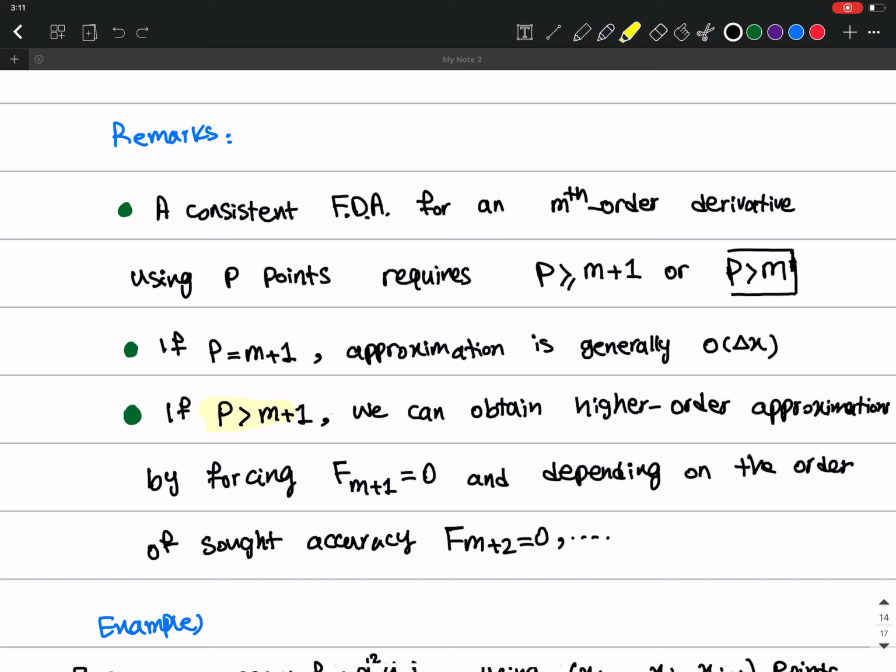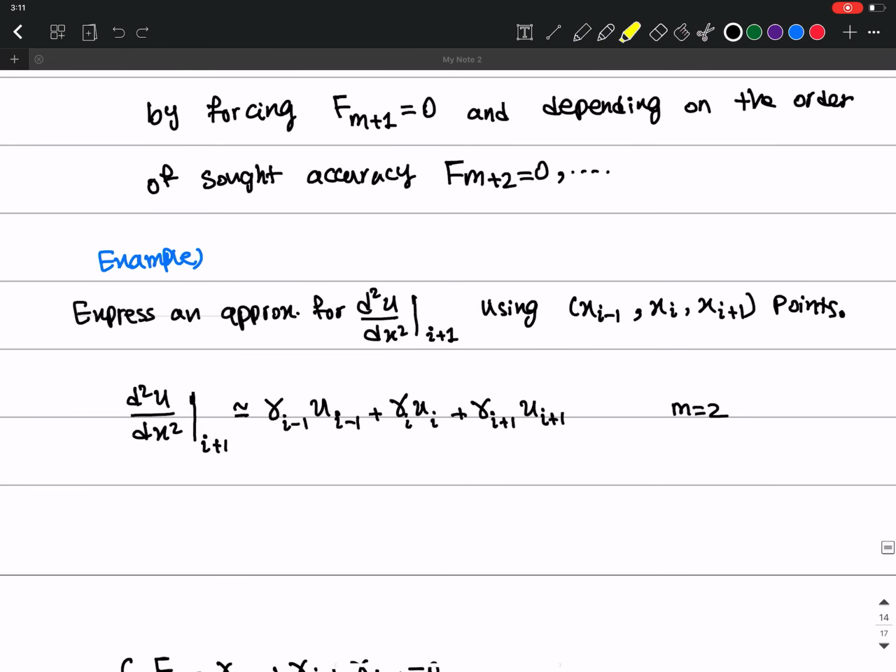And if the number of points is greater than the order of the derivative plus 1, we can obtain a higher order approximation by forcing F(m+1) equals 0, F(m+2) equals 0, and so on. Right? And then we solved an example.